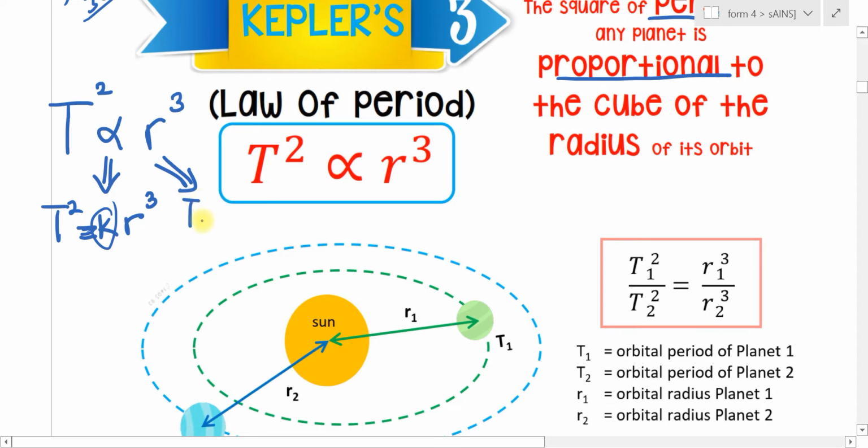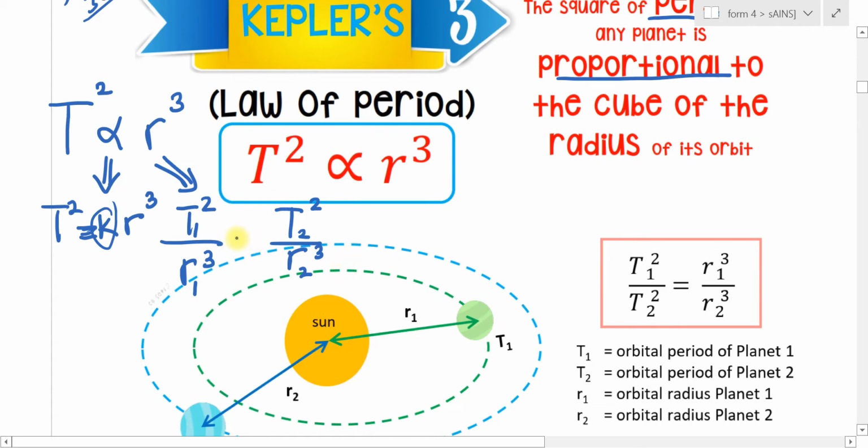Let's say we have T1 and directly proportional, so we will divide. Let's say a period and a radius 1, T1 and R1. According to Kepler, we square the period and cube the radius. And we have another period, T2 and R2, which are directly proportional. According to Kepler, we square the period and then cube the radius.